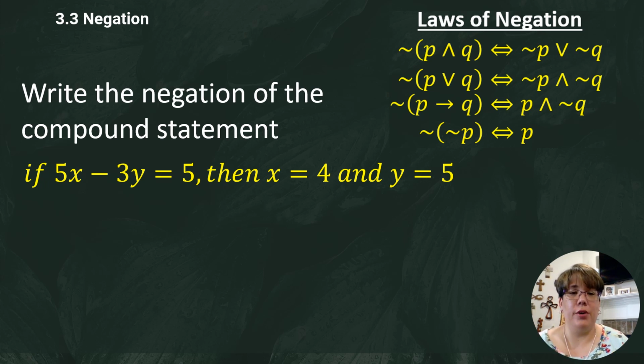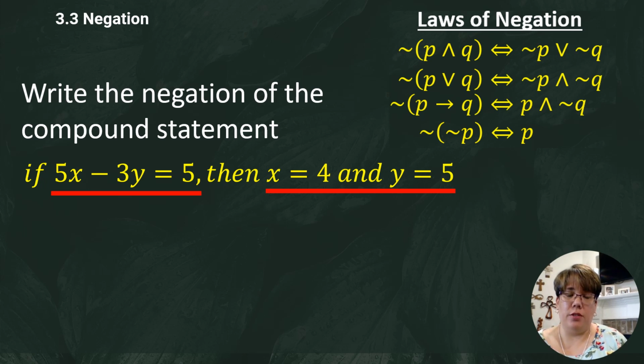We're going to divide it into two parts. The first part, 5x minus 3y equals 5, we're going to let be P. The second part, x equals 4 and y equals 5, I'm going to consider to be my Q.